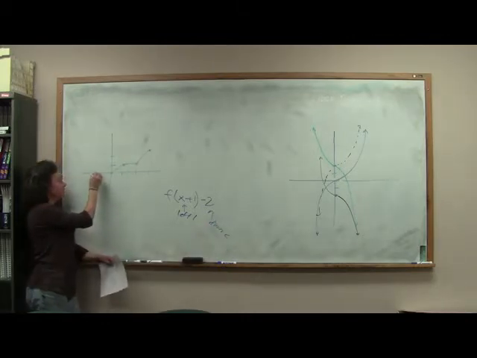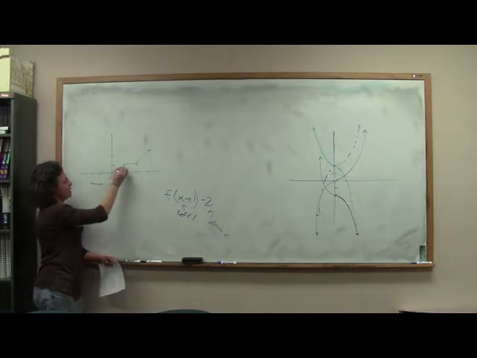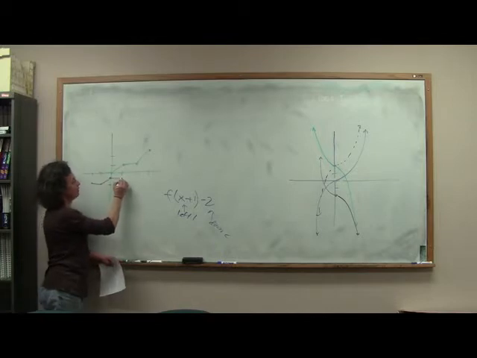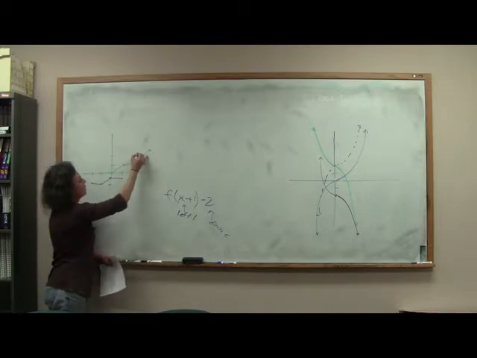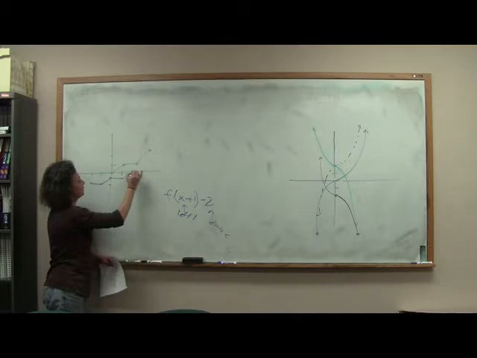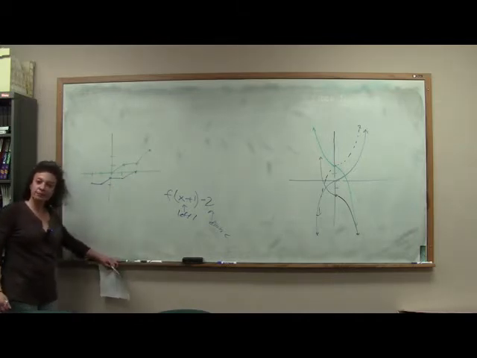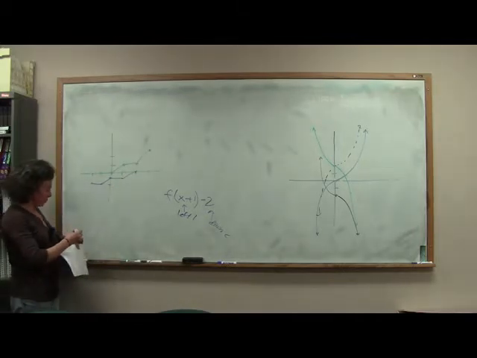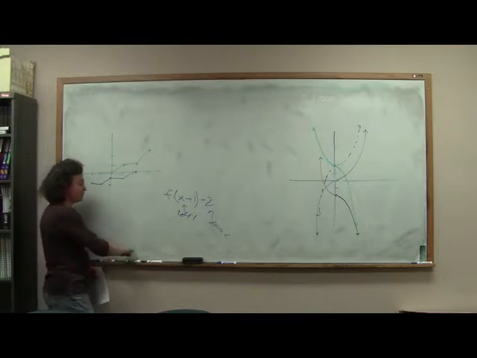So I would take this point here, go left 1, down 2. I would take this point here, go left 1, down 2. Here, left 1, down 2. And here, left 1 and down 2. Okay? So that's how you approach it when you're actually given a graph.